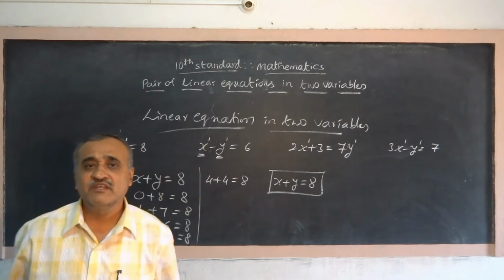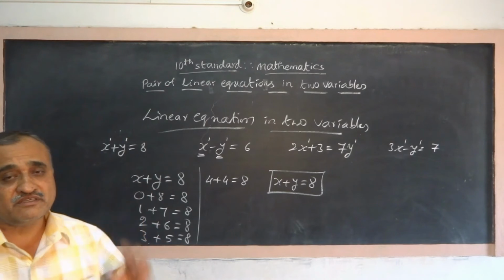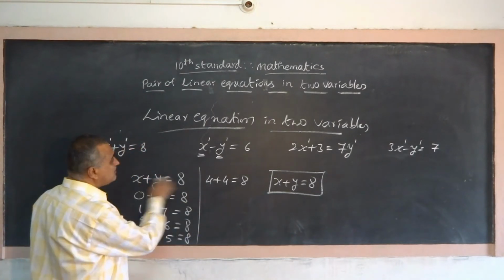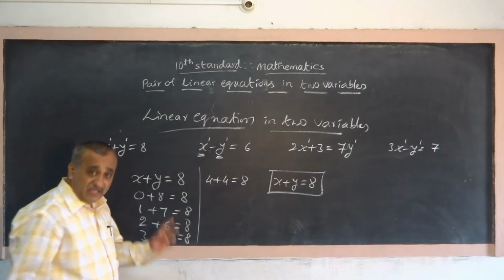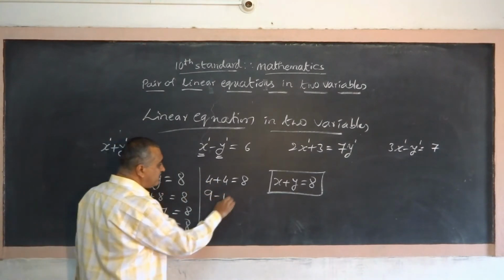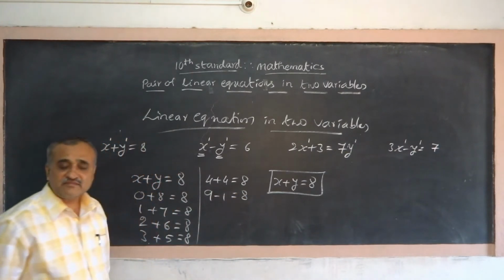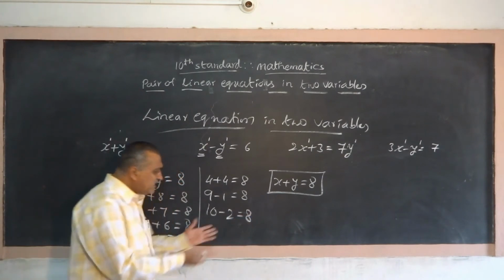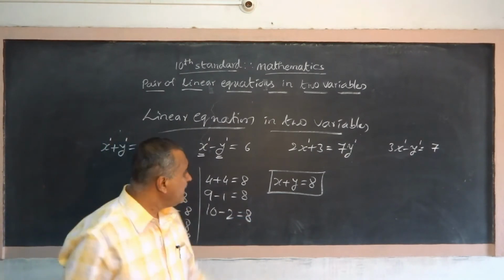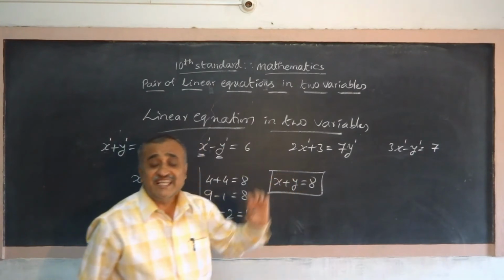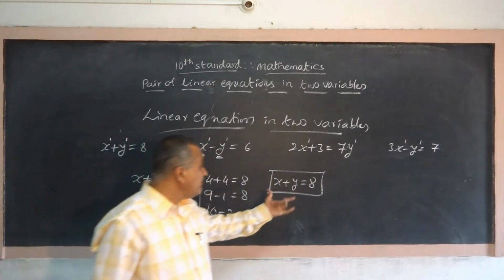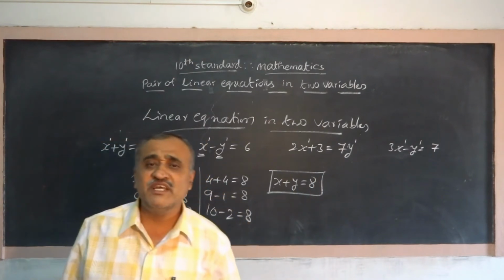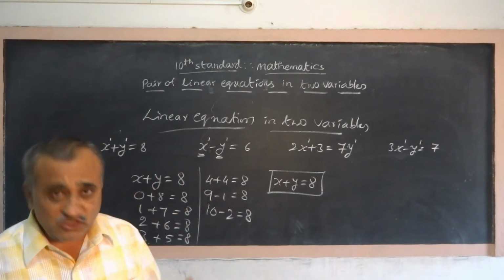If you get only one equation, x plus y equals 8, there are many solutions. There is no constant solution. A single solution will not exist. Here x equals 4 is possible, and so on. Therefore, if you consider a single linear equation in two variables, it possesses plenty of solutions.